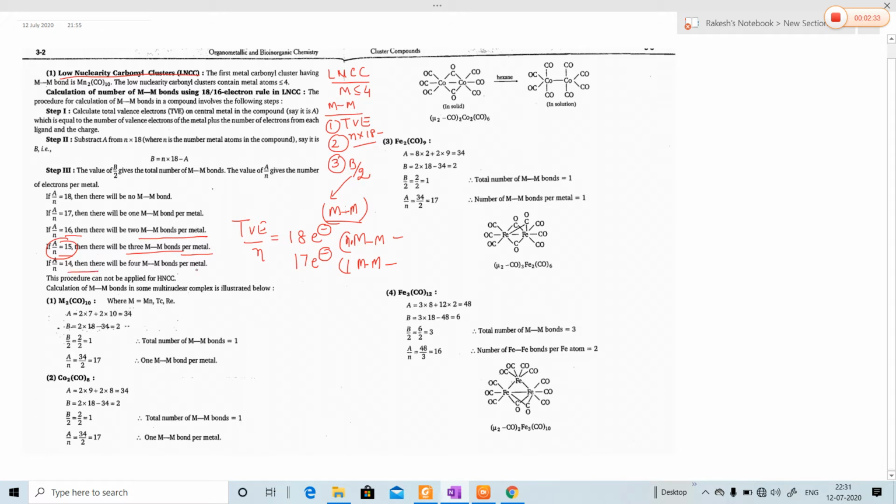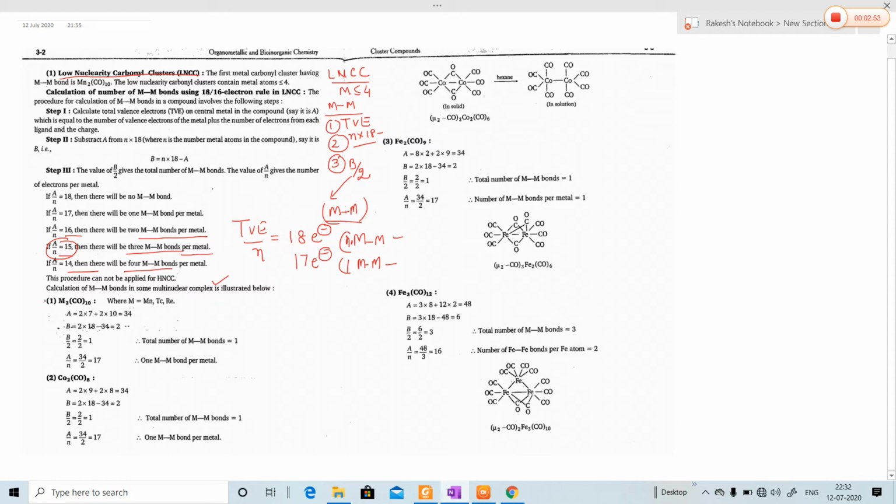If the value of A by n is equal to 14, then there is the presence of 4 metal-metal bonds per metal. And this process is not applicable to high nuclearity carbonyl clusters.